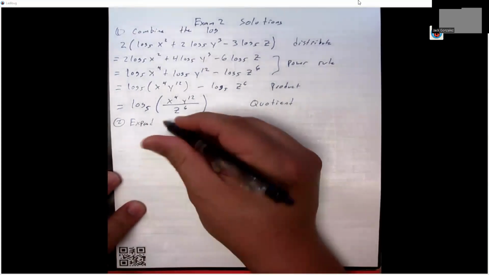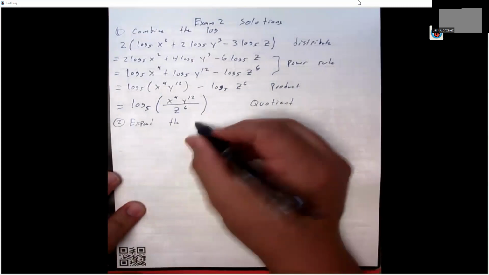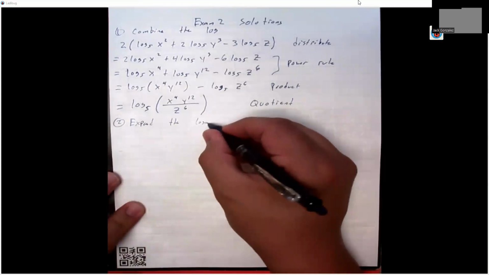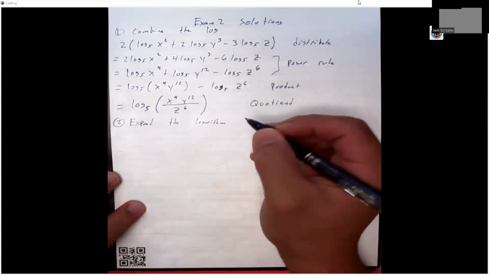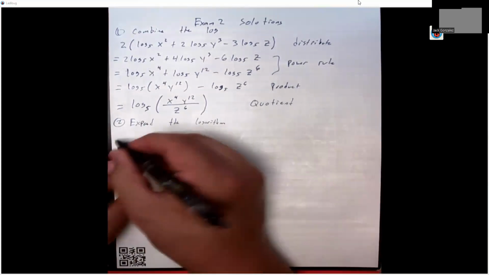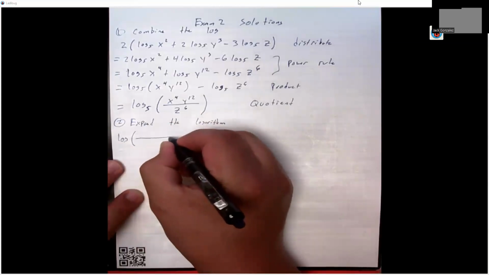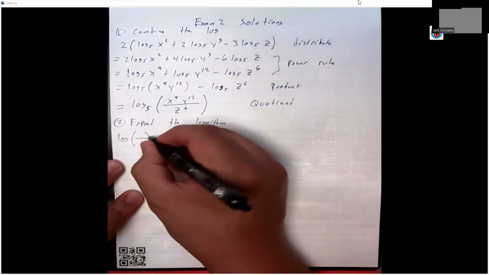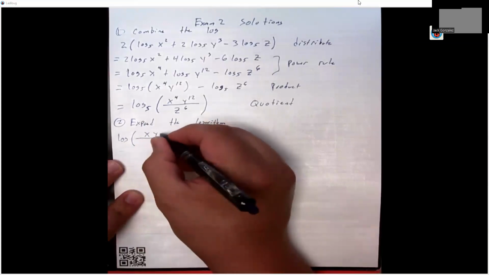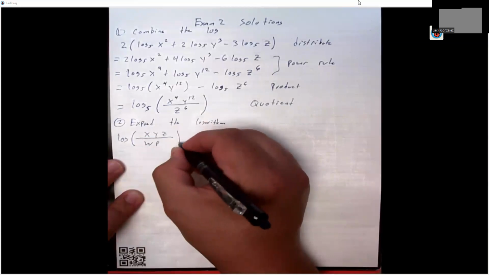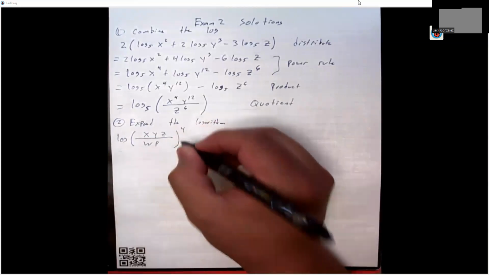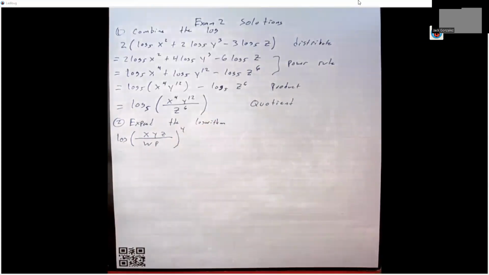Number 2 is expand the logarithm, the opposite. If I don't write the base, what base is it? It's going to be 10. So assume it's a 10 if it's not written. This one was a base 5 the whole time.